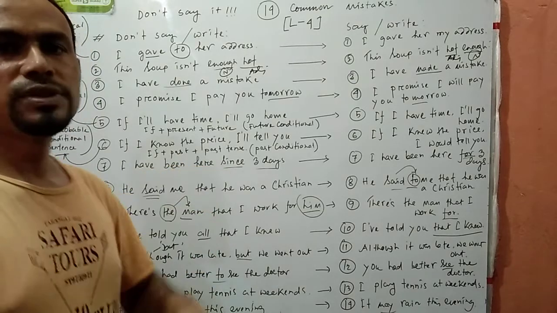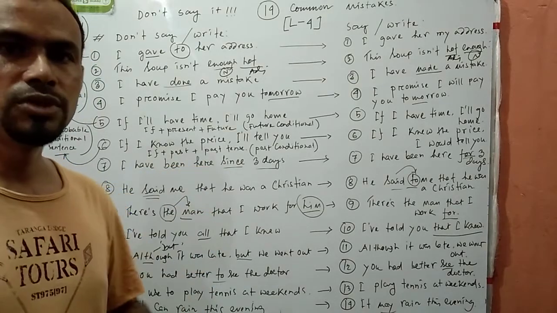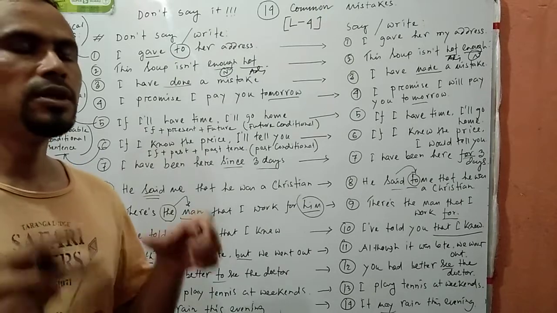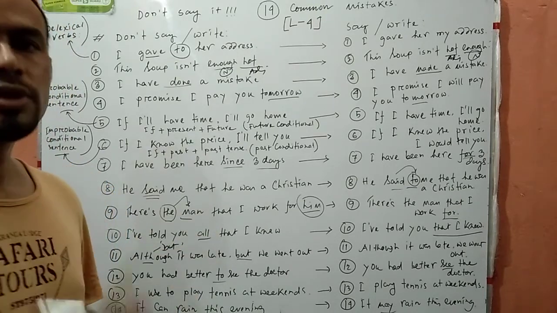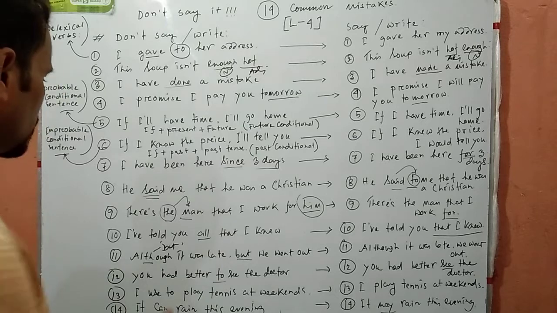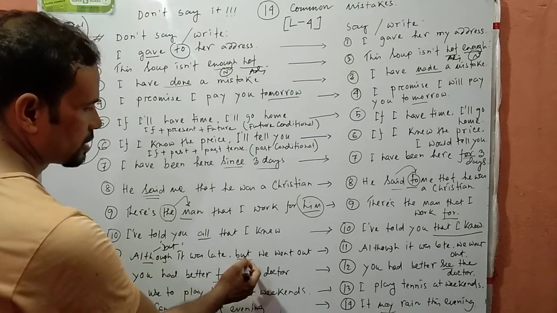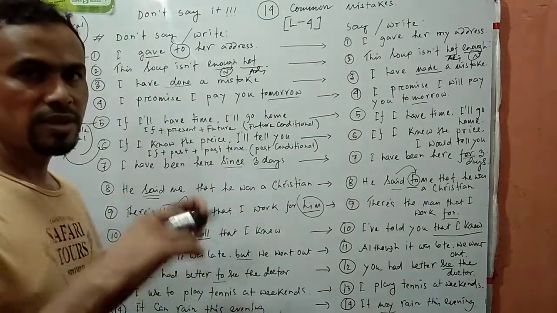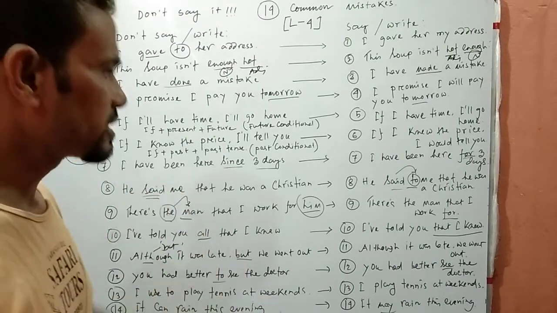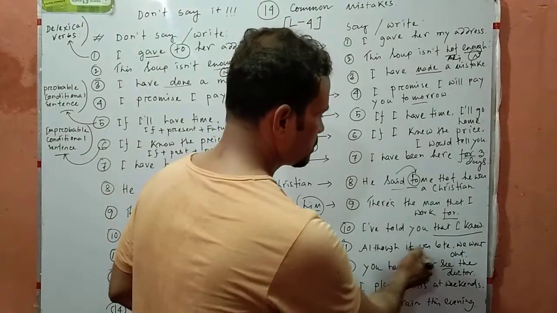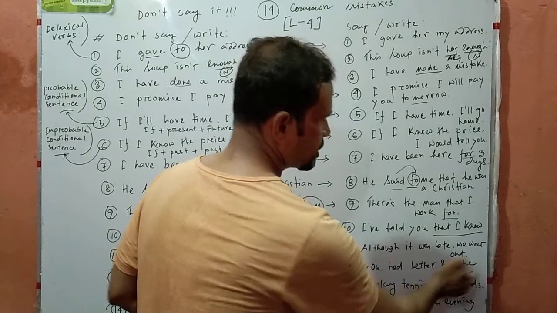In between two sentences, we need not use double linking words, or we could say double conjunctions. So although it was late, but we went out, this sentence is not correct. So the correct sentence is, although it was late, we went out.